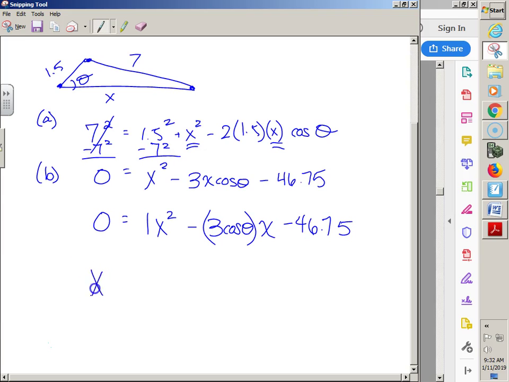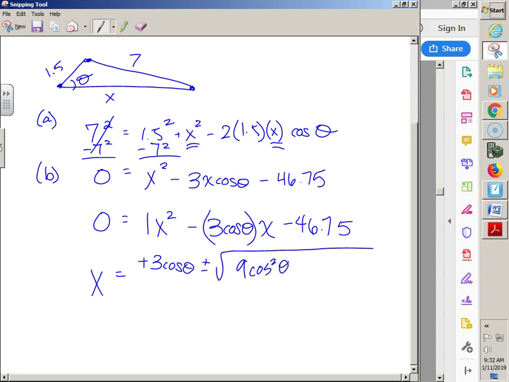sing the song. X equals negative B. Wait, isn't B negative 3 cosine theta? X equals negative negative 3, so positive 3 cosine theta. Negative B plus or minus the square root of B squared, wouldn't that be a positive 9 cosine squared?